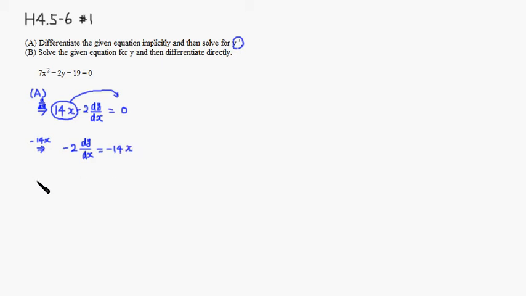Then we're going to just divide through by negative 2. You get dy over dx is equal to negative 14 over negative 2, which is 7, then you have the x. So that's 7x. So let's type it in.